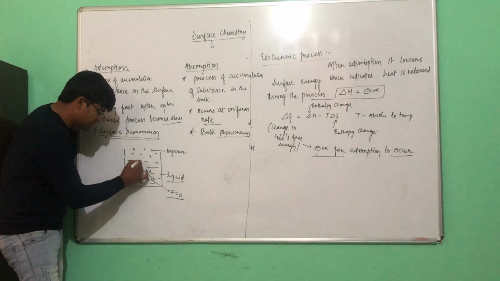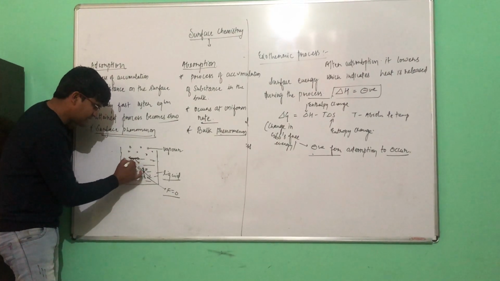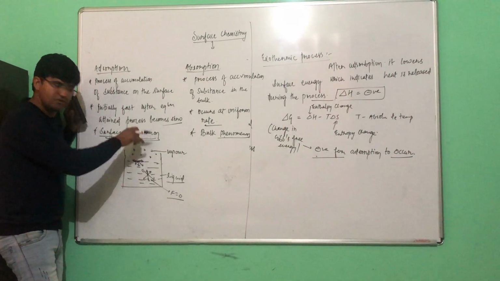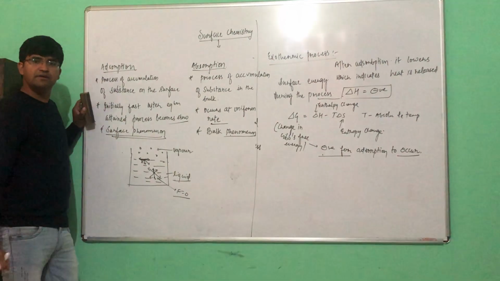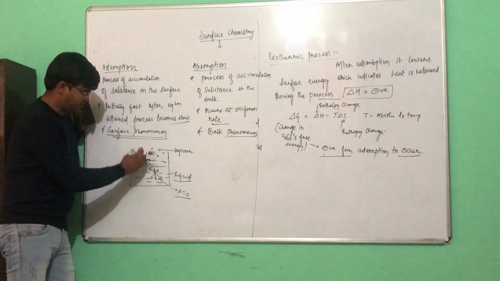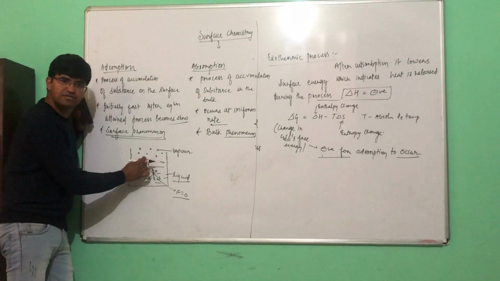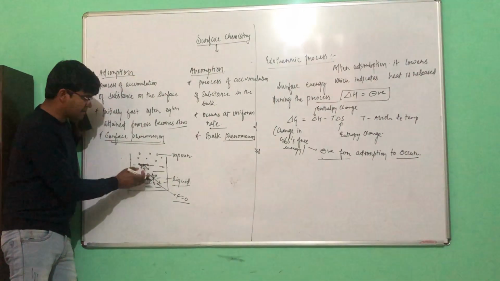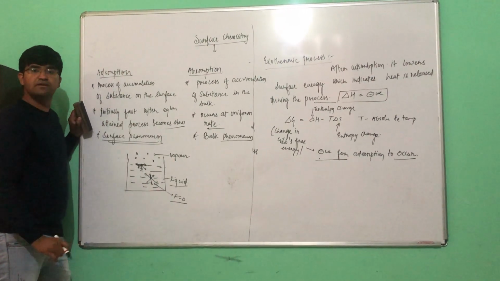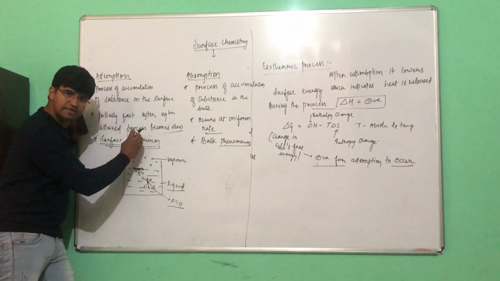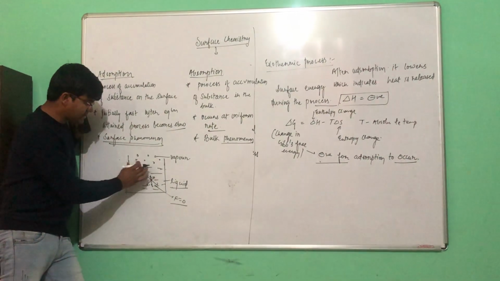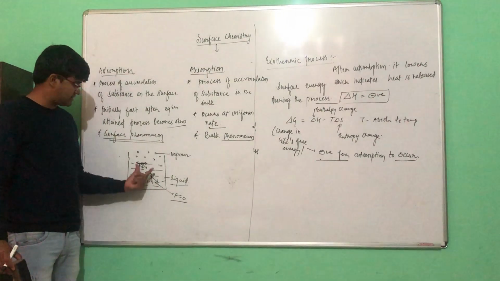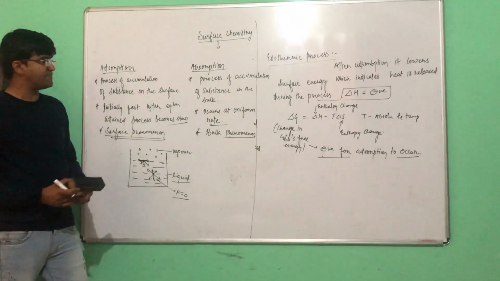The molecules present on the surface are attracted by the vapors of the liquid as well as by the liquid molecules inside. The force of attraction by the liquid molecules inside is more than that by the vapors. So these surface molecules are attracted inwards, and it creates surface tension. Because they are attracted inwards, this is a surface phenomenon.